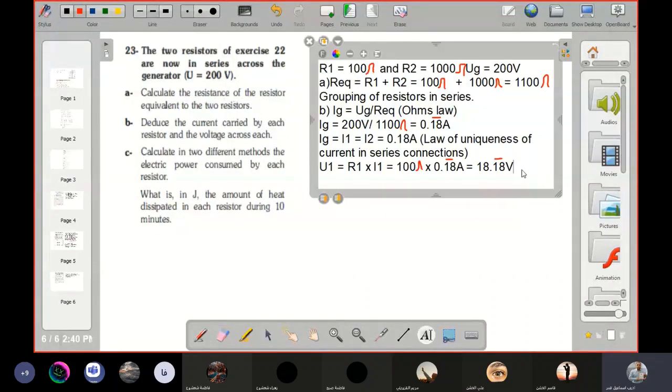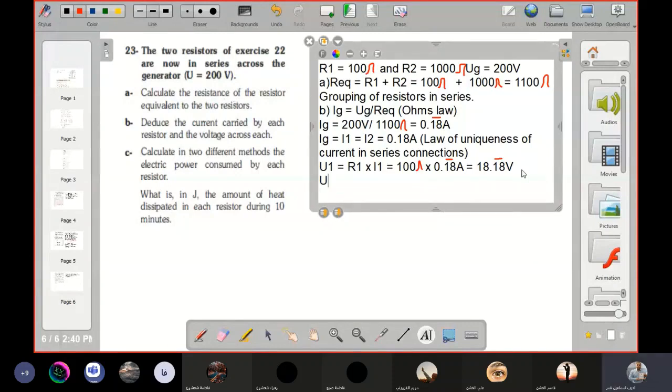Now also U2 equals R2 times I2. R2 equals 1000 ohms times 0.18 repeating. 1000 times 0.18 gives 180, and so on.